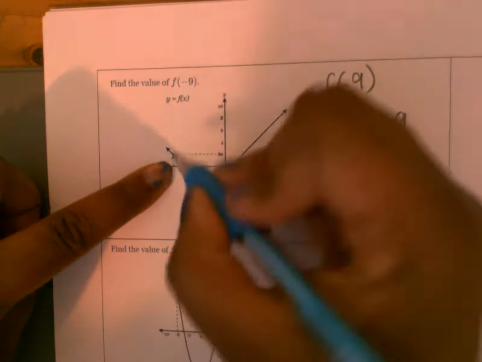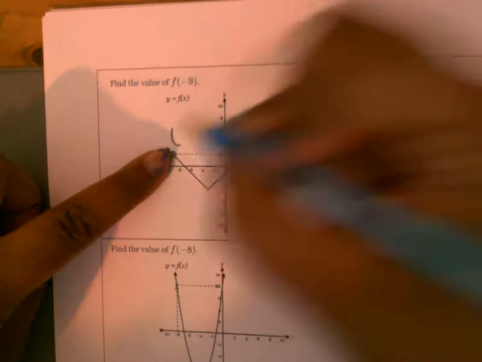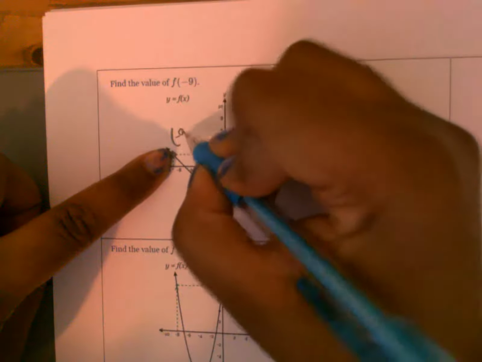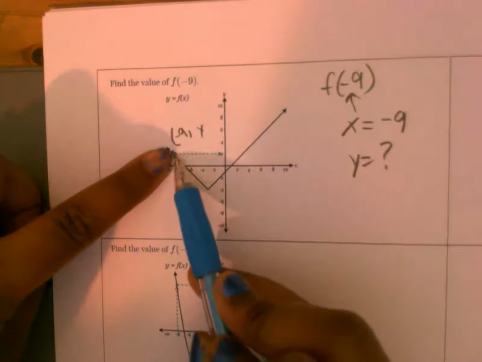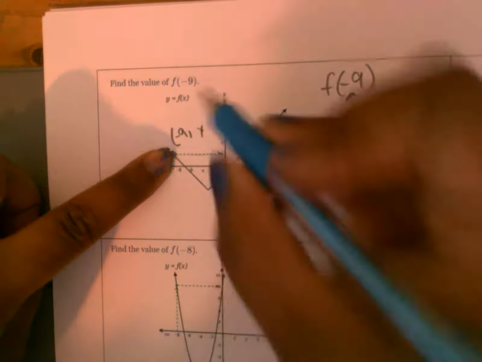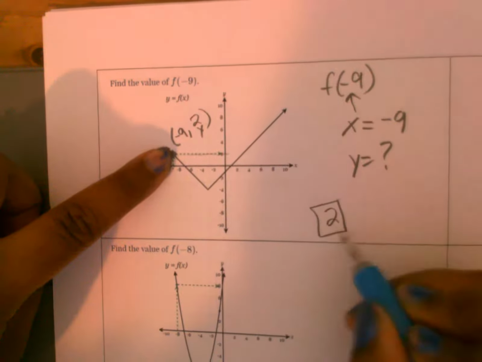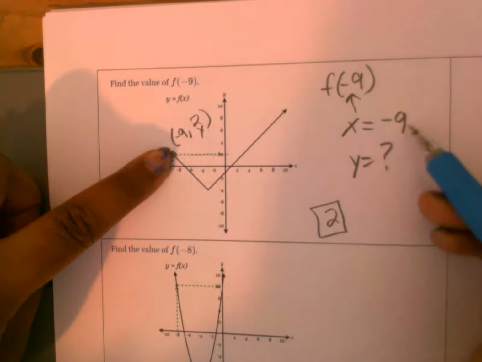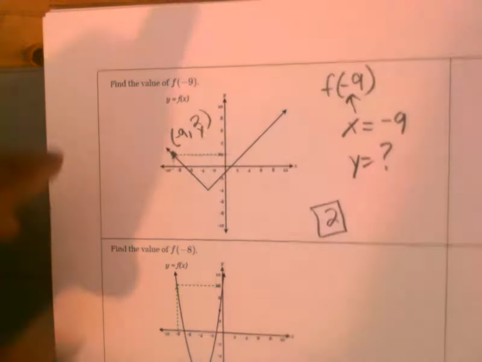So go up to the line. This is the line right here. When my x value is -9, what's going to be my y? So let's read it. The y value is 2. So they want you to type in 2 as your answer. Because when x is -9 on the line, your y value is 2.